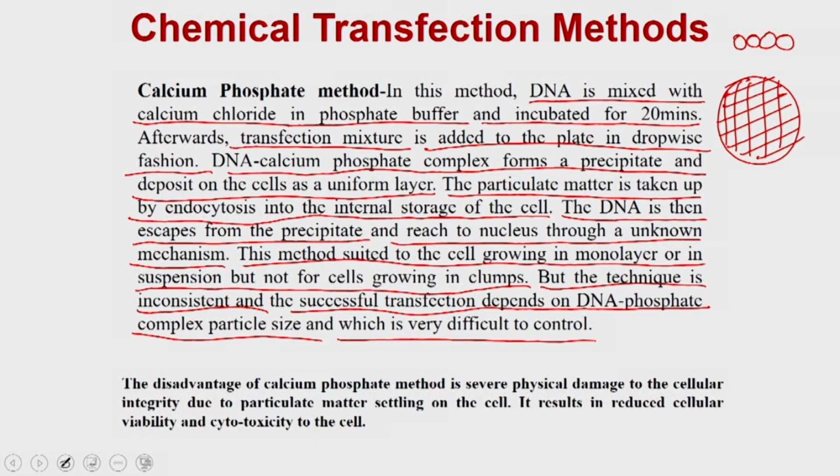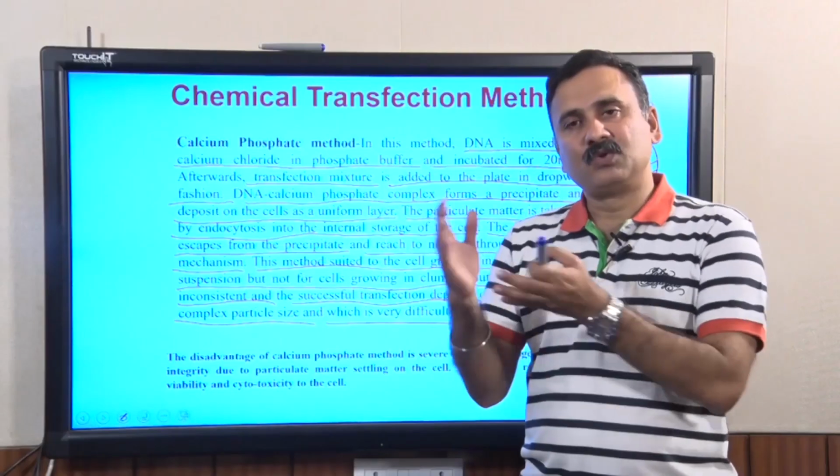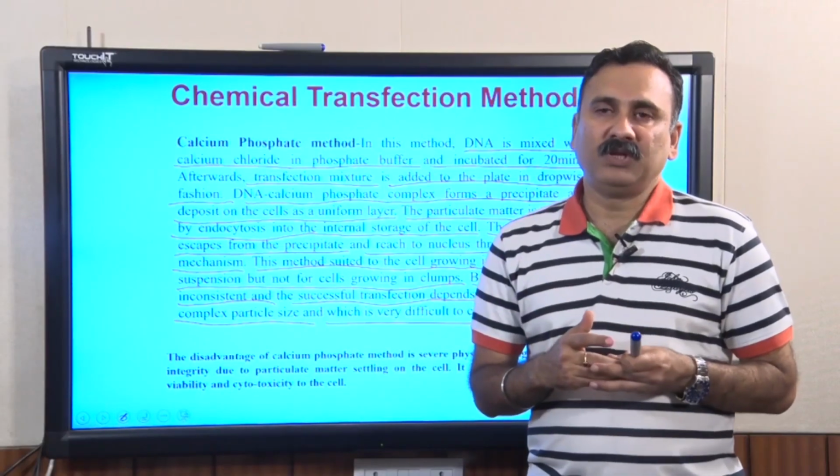If you are working with cancer cells and they are making multimers, because cancer cells stick to each other and form foci and multi-layered cells, then the calcium phosphate method is not very suitable, or it may not give you optimal transfections. The same is true for suspension cells also.